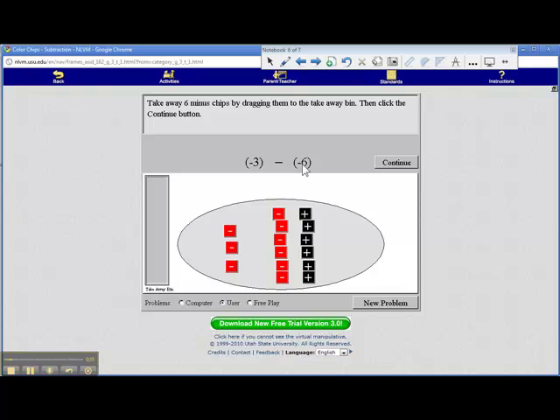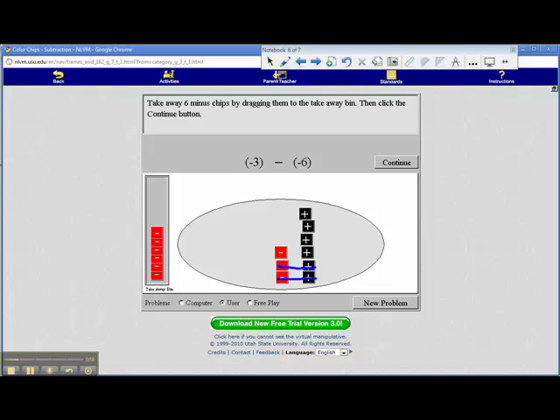So let's continue on. It says to take away 6 negatives. So I'm going to take them away. 1, 2, 3, 4, 5, 6. Negative 3, which I had over here. Take away 6 negatives. So I took away 6 negatives.